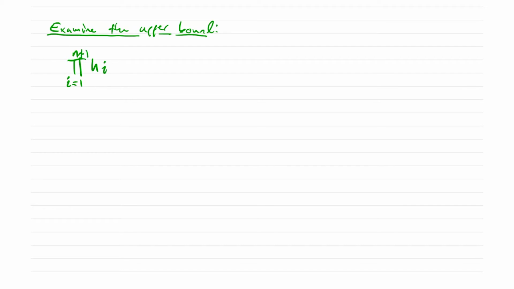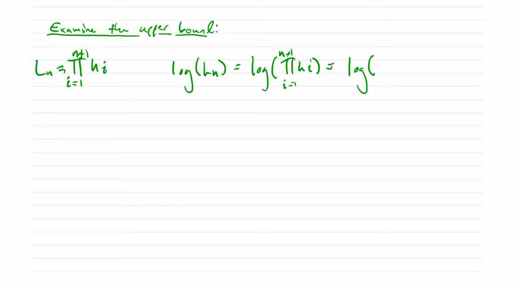What I'm going to do is first call this L_n, and I'm going to take the logarithm of L_n. And what is that going to give me? Well, since it's the log of a product of h times i, I can rewrite this as the sum of the log of h times i, i going from 1 to n plus 1.